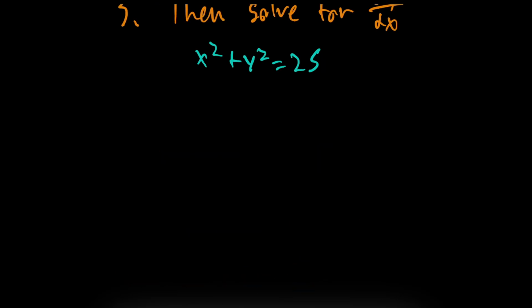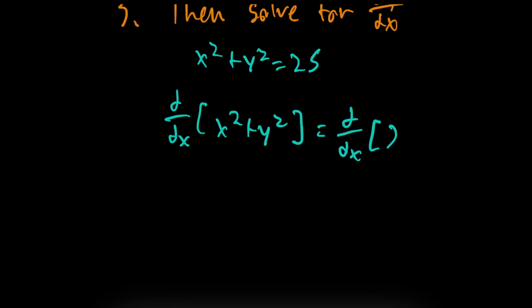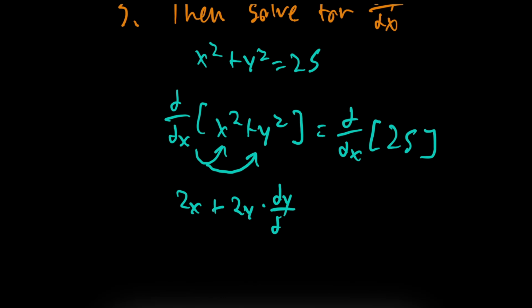All right, let's attempt this with the equation for a circle. Let's try and take the derivative of this. So the derivative of x squared plus y squared is going to be equal to the derivative of 25. Taking the derivative of x squared, we would get 2x. And taking the derivative of y squared, we would get 2y times dy dx.